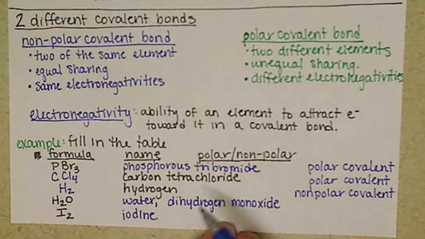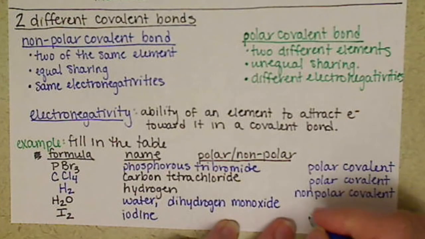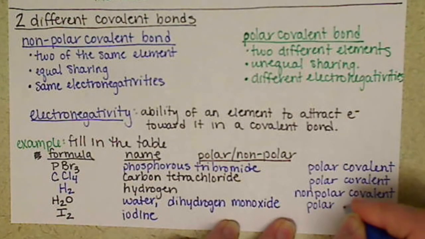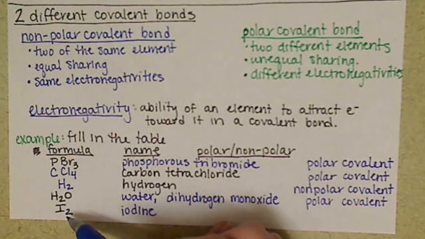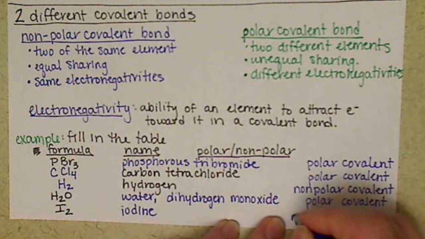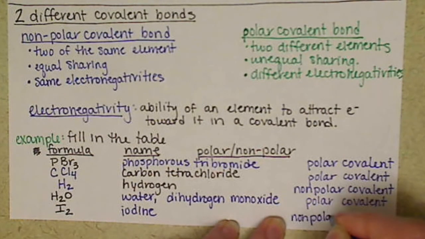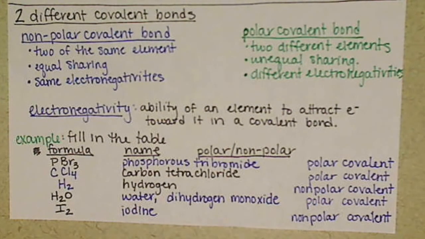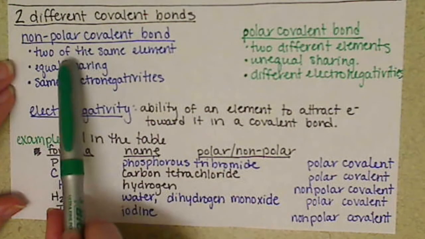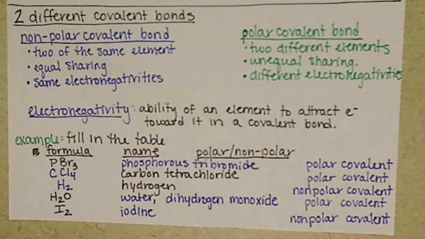In water, we have bonds between the hydrogen and the oxygen, two different elements, so that's polar covalent. And iodine, same molecule or same atom, so we have a nonpolar covalent bond. Definitely practice going through your naming of your covalent compounds, okay, and identifying between nonpolar and polar covalent bonds.